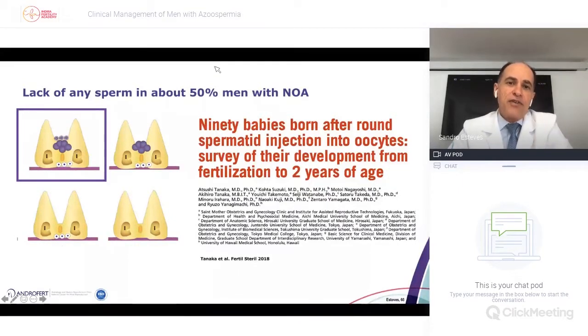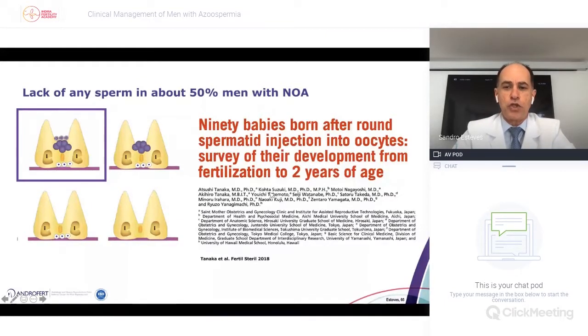Well, in 50% of men with non-obstructive azoospermia, there's no sperm at all, even after using all these steps that I have discussed with you. These patients lack any sperm. They might have only round spermatids, or only spermatocytes, or only spermatogonia.